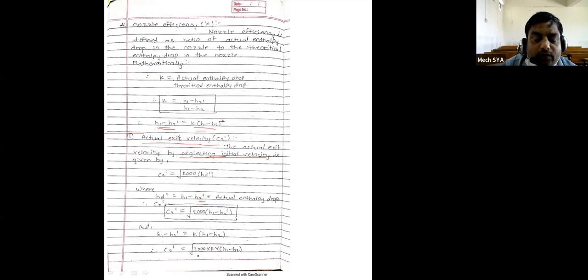Therefore c2 dash is equal to the square root of 2000 into K into h1 minus h2, or 44.72 into the square root of K into hd. Understand? Only mathematical adjustments are there, with the initial formulas.